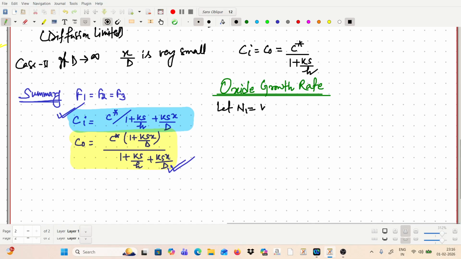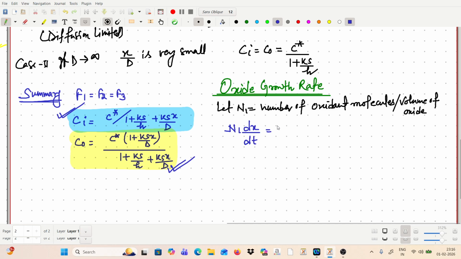be the number of oxidant molecules per unit volume of oxide. So the oxide growth rate can be written as N1 dx by dt equals flux 3, Ks Ci.